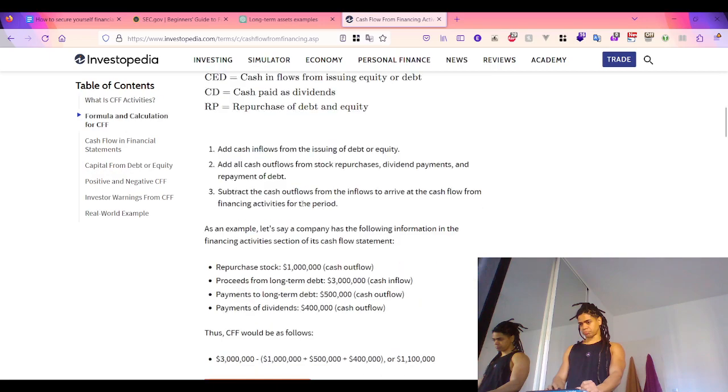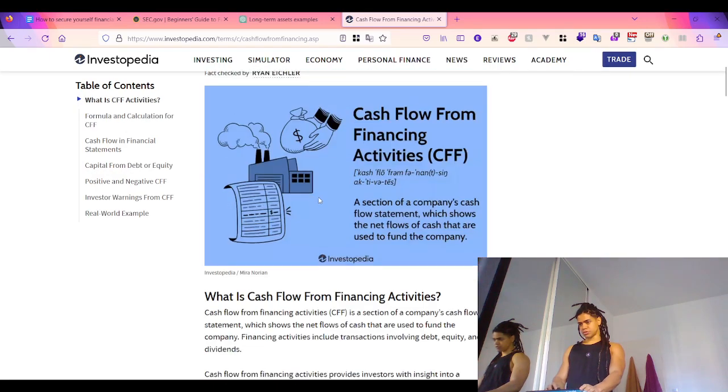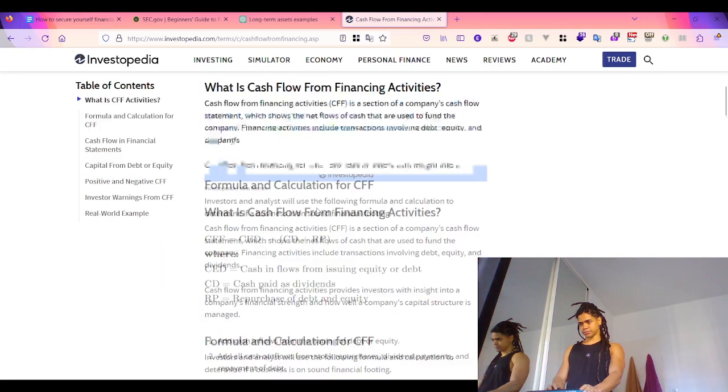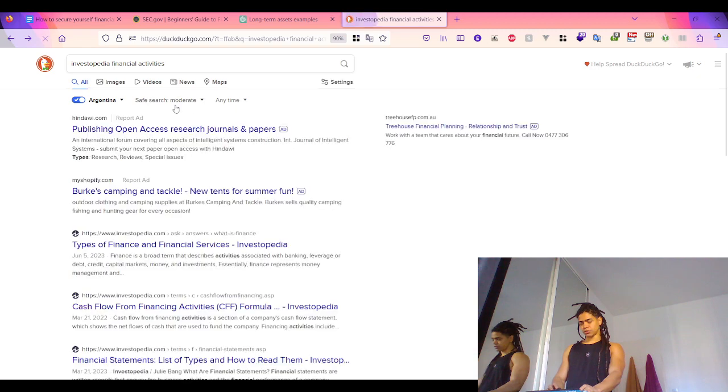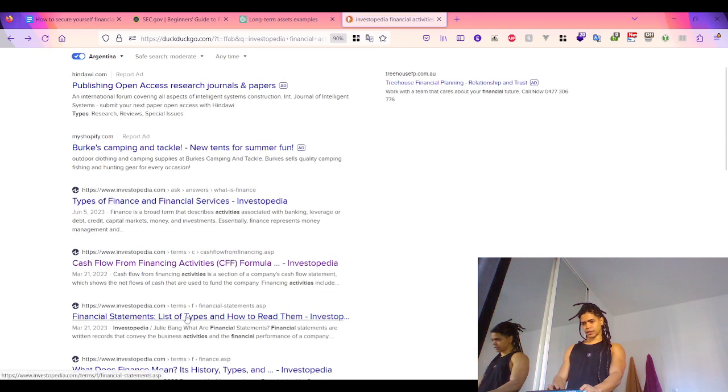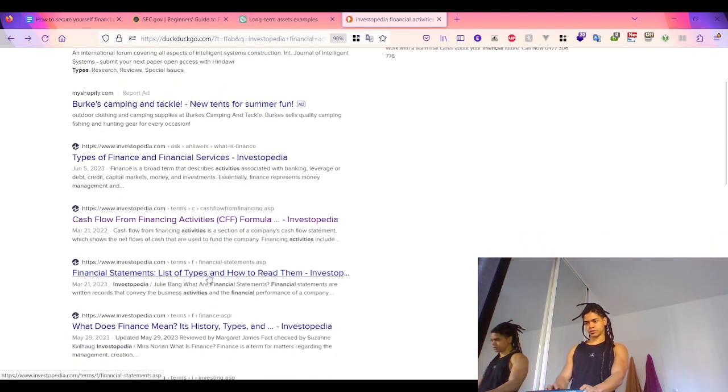Okay, but this is the formula and calculations. But I just want to look at how to read the financial statements.